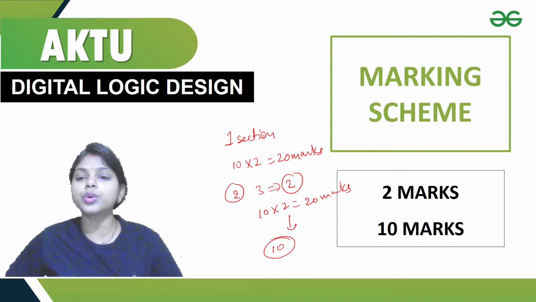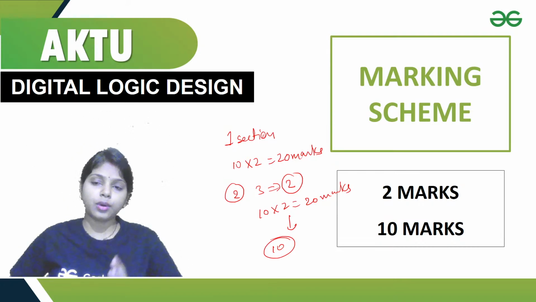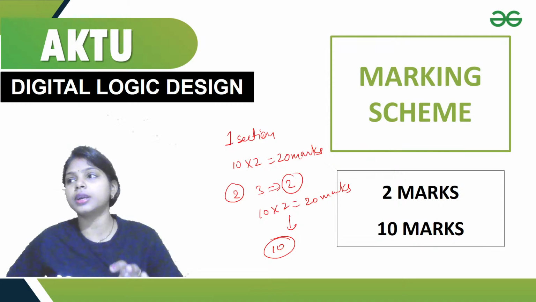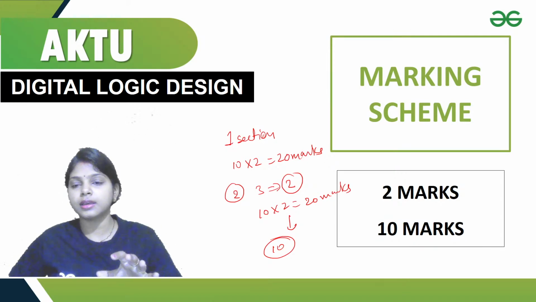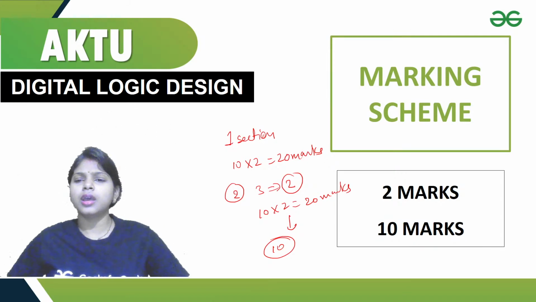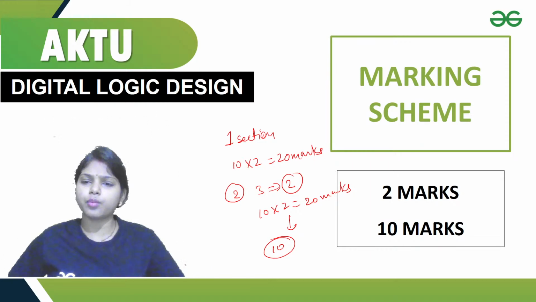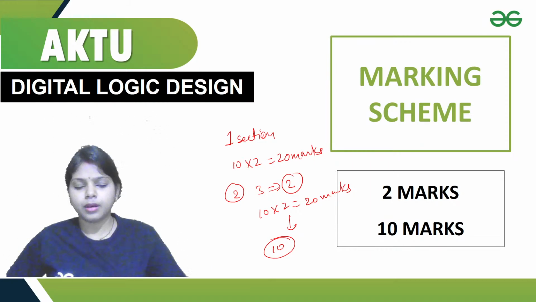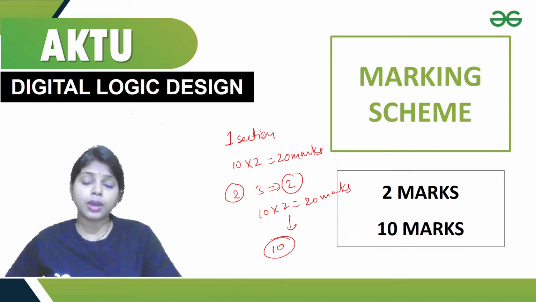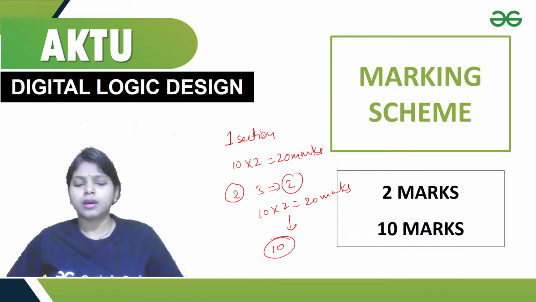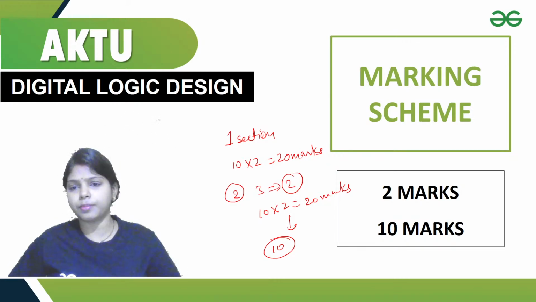So how to write answer for it? If you are having a 2 marks question, how much content must you give, right? So for 2 marks question, you can answer the question in 1 page only. Most important concepts you have to write down there. If you're not giving the detailed part, that's not a problem.